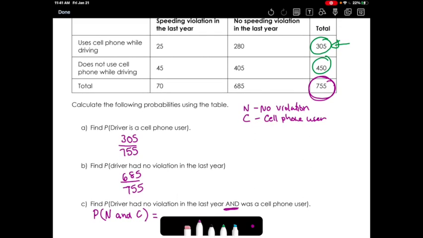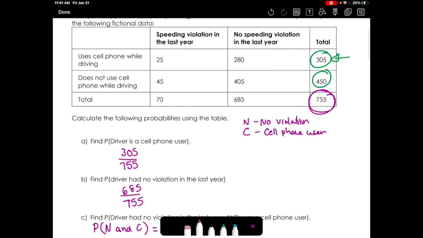without really having to do any calculations. But just keep in mind that when we're doing an and statement, we would want to use the multiplication rule. But because we have this organized in a table, it makes it very easy to identify, because we just want to see where these two events overlap. So we are looking to see where there's no speeding violation. That's this category.